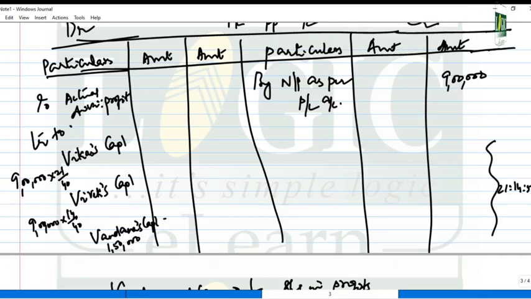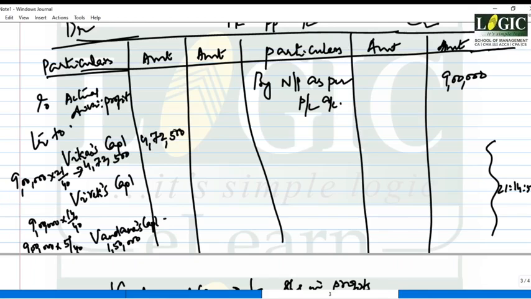Now we will see 9 lakh into 5 by 40, she is eligible. So 9 lakh into 21 by 40 comes around 4,72,500. 9 lakh into 14 by 40 comes around 3,15,000, when you do it in the calculator.